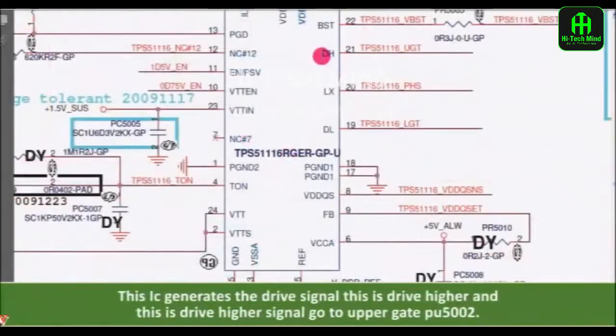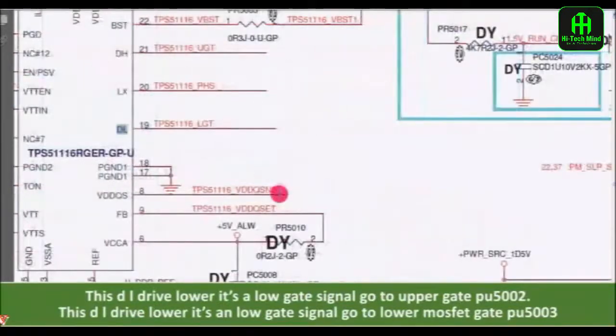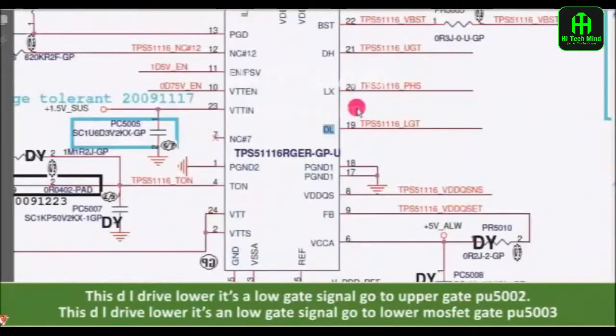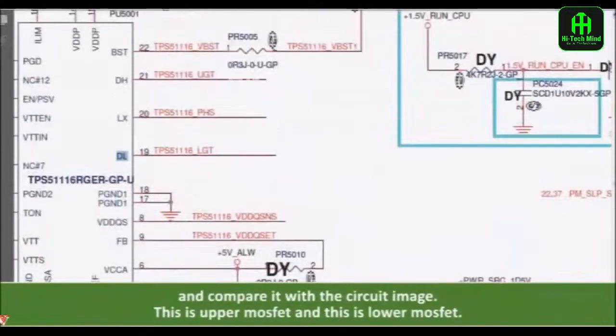The higher drive signal goes to the upper gate PU 5002. This DL drive lower, its low gate signal goes to the lower MOSFET gate PU 5003. Compare it with the circuit image.